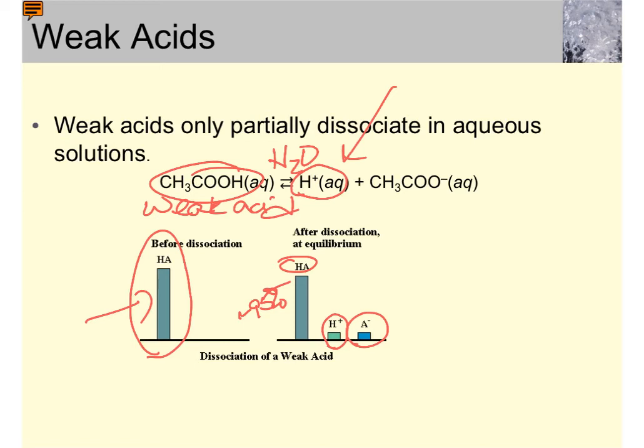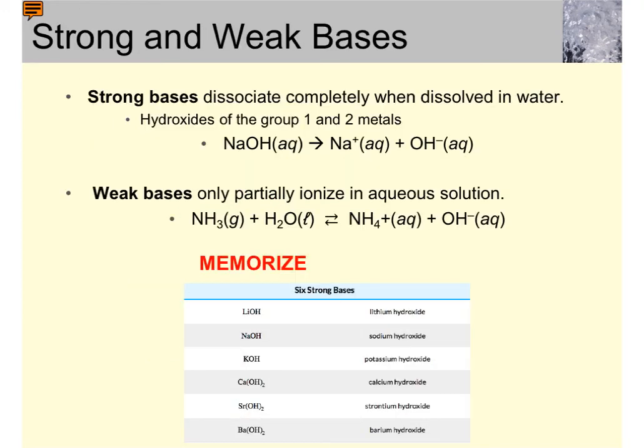So that's going to affect the distribution of product, but it's also going to affect how we represent a strong acid versus a weak acid in a chemical equation. Similar differentiation between strong bases and weak bases. Strong bases 100% dissociate into the ions.